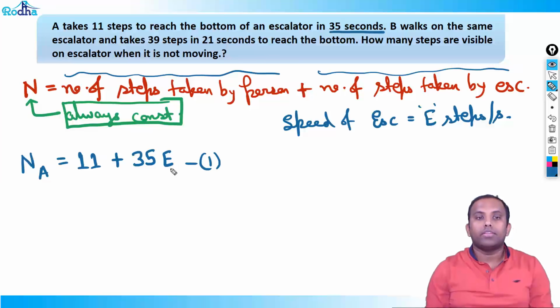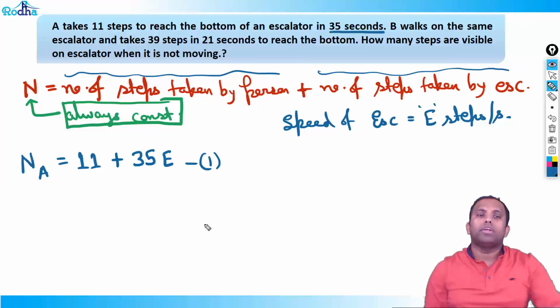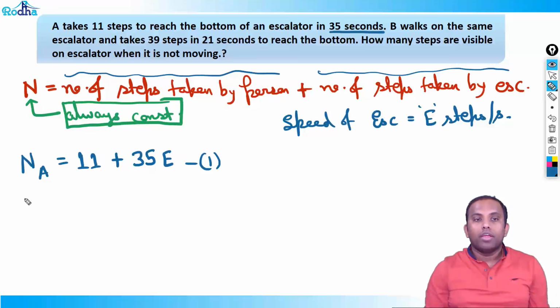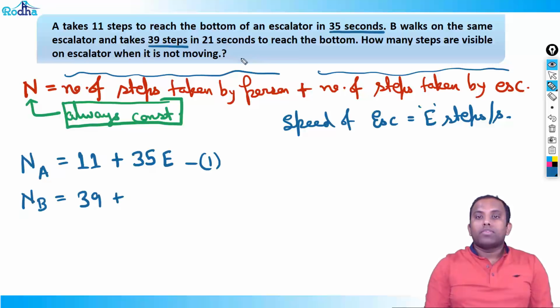Understand very carefully. This is a very simple question if you get the logic. In every question, I'll be doing the same funda: equating N, nothing else. This is a super method to solve this kind of question. Now N in case of B: the number of steps taken by the person is 39, plus the number of steps taken by the escalator.